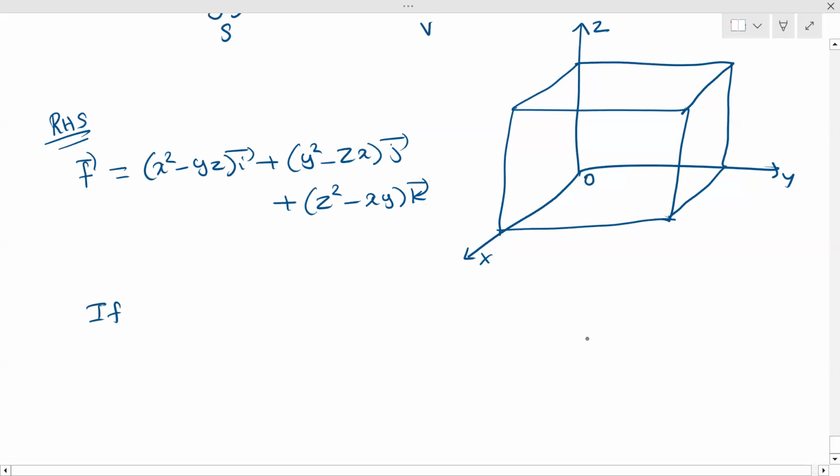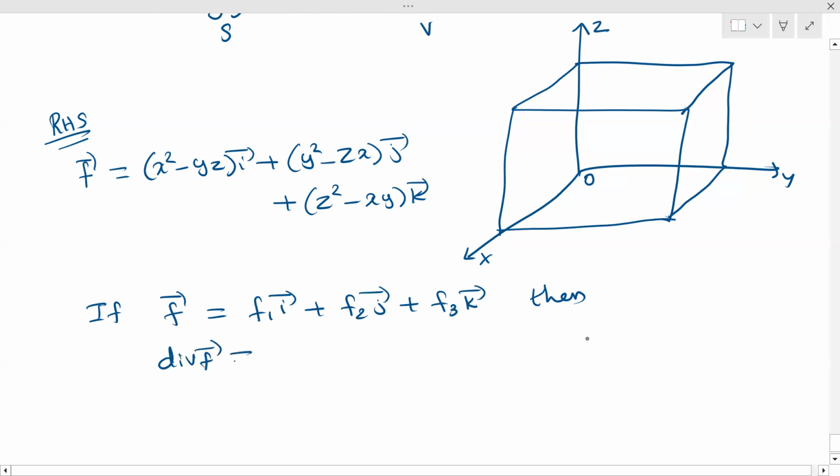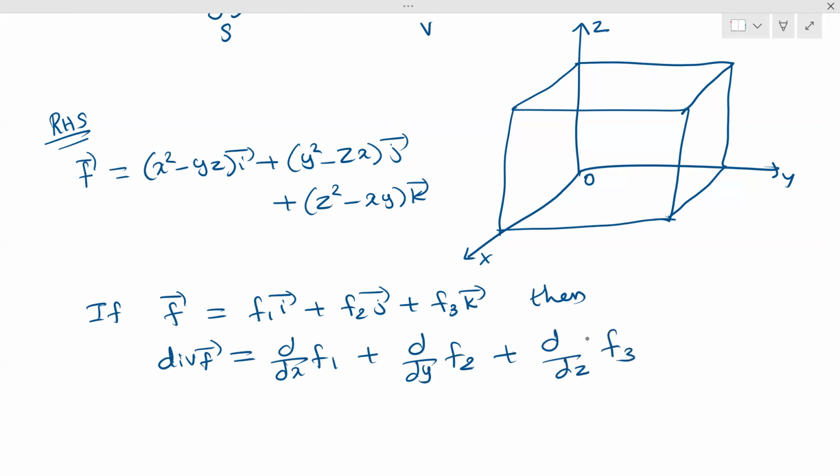We remember how to find divergence: if F vector equals F1 i plus F2 j plus F3 k, then the divergence of F is dou by dou x of F1 plus dou by dou y of F2 plus dou by dou z of F3. Here F1 is the i component, F2 is the j component and F3 is the k component.